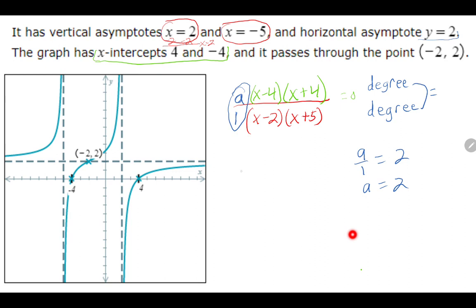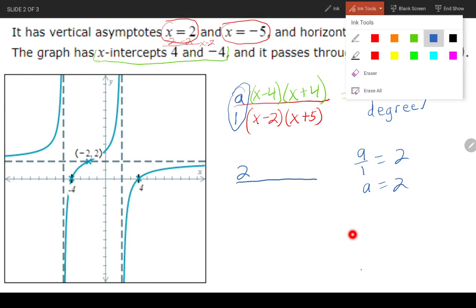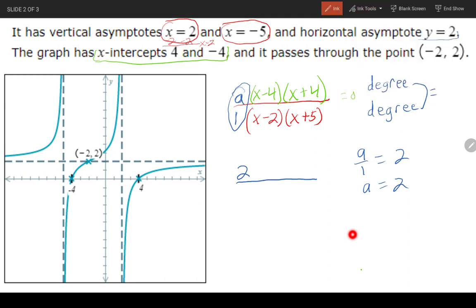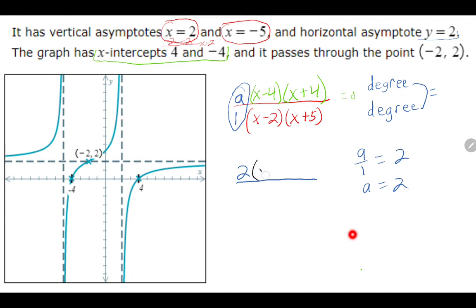So now I have this equation. Let me just do it in black. I have this equation: 2 times x minus 4, x plus 4, over x minus 2, x plus 5.